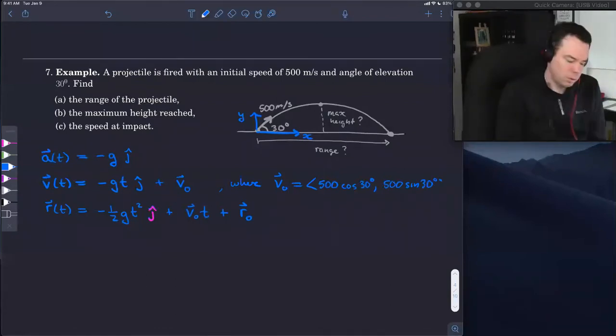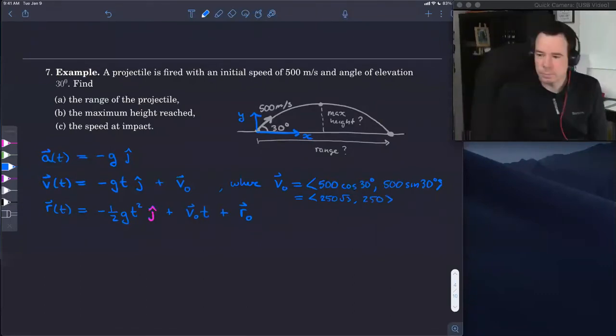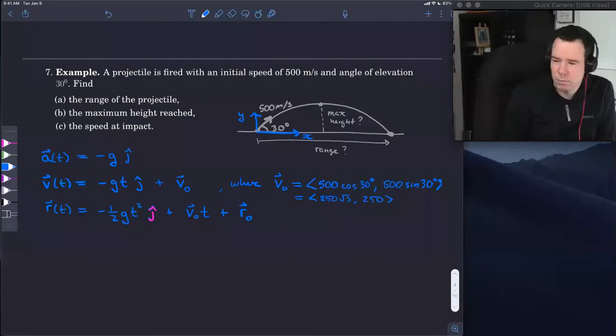Those are the two components that we get for our initial velocity. And so this is 500 times root 3 over 2, so that's 250 root 3, and it's 250 for the y component of our velocity.